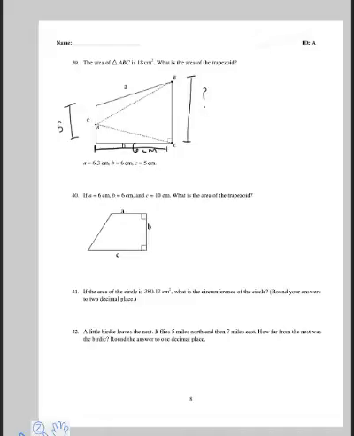Now, the only other piece of information given is the area of triangle ABC. So A to B to C, this is 18 square centimeters. Now, the reason for giving us the area of that triangle is we can break down that area into its components, base times height, to figure out this missing length right here.